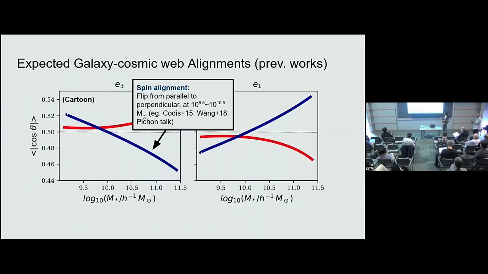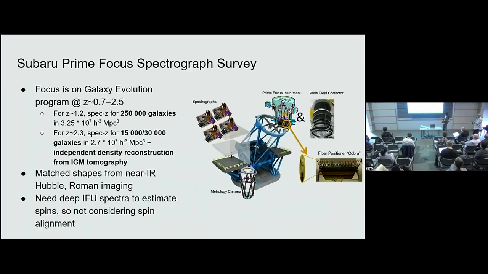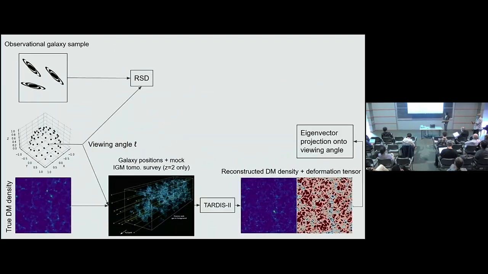So in observations, basically using Ben Horowitz's TARDIS-2 code, we're able to get a reconstructed dark matter density field, and from that we can calculate the deformation tensor. So you reconstruct the potential and then you... Yes.